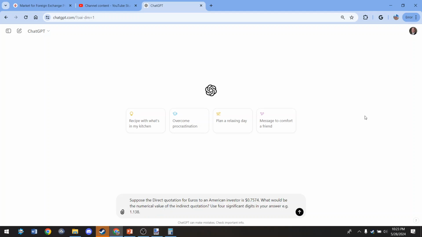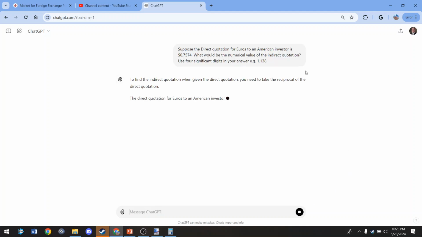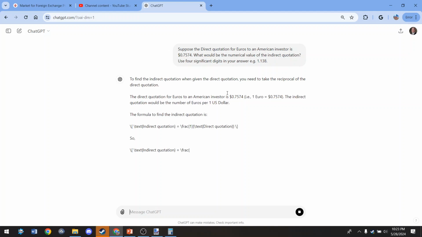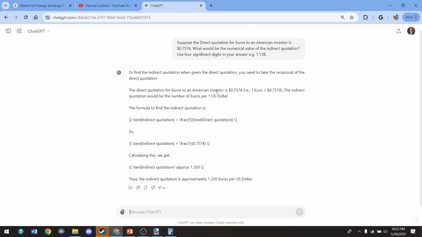So I'm just going to straight paste this into ChatGPT. And so, right, this is the question. The nice thing is it'll give you a good explanation. It'll say, okay, this is the direct quote. The indirect quote would be a number of euros per dollar. And then it gave us this content here. I'm curious why it's not rendering, this usually renders as mathematical notation.